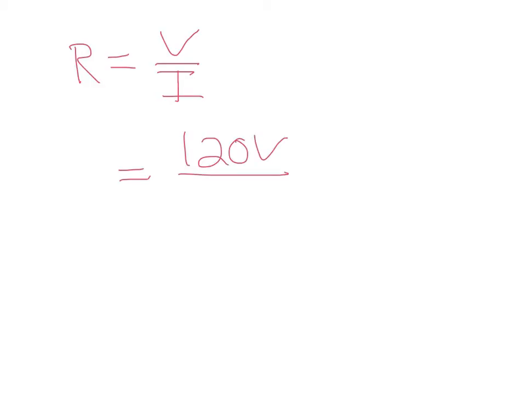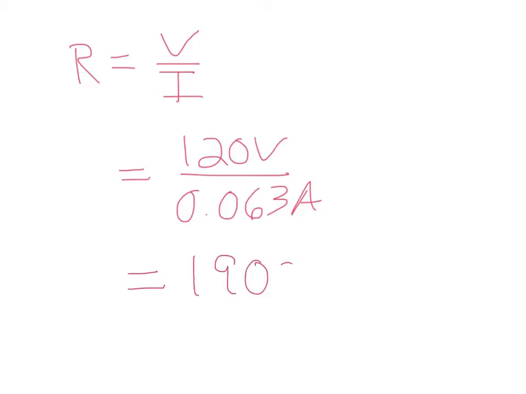Now to get the resistance of this night light bulb, resistance is equal to electric potential difference divided by current. So that would equal 120 volts, and I just found out it's 0.063 amps. And that equals 1905 ohms.